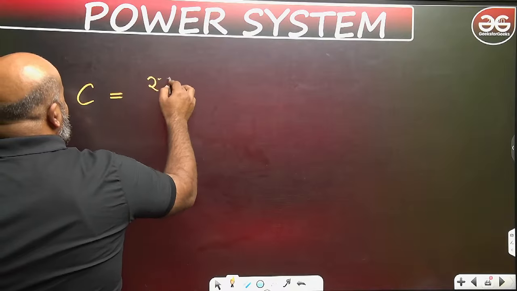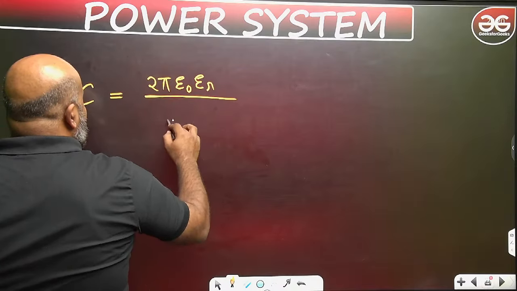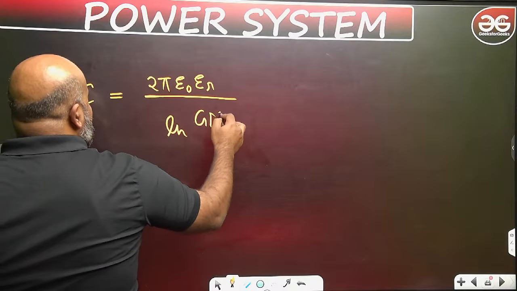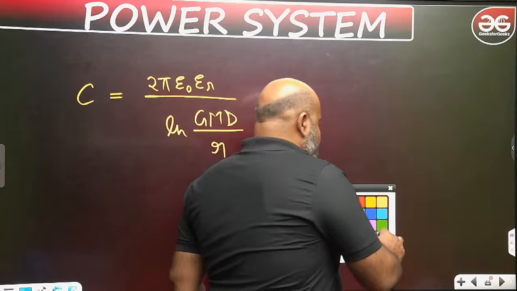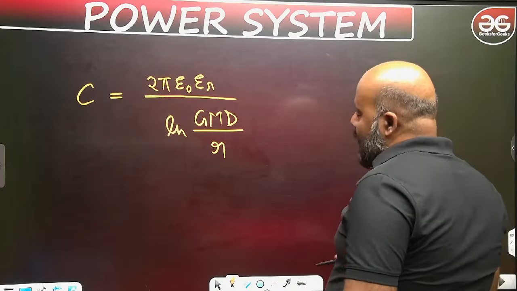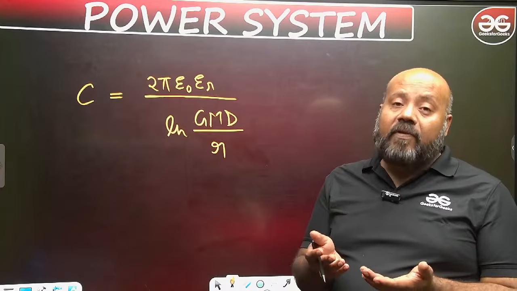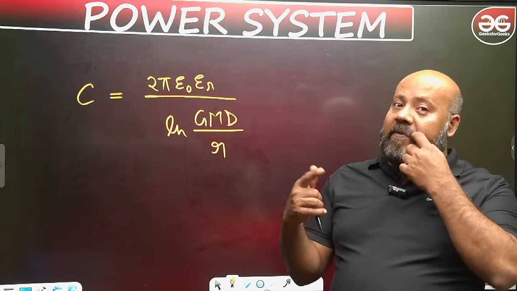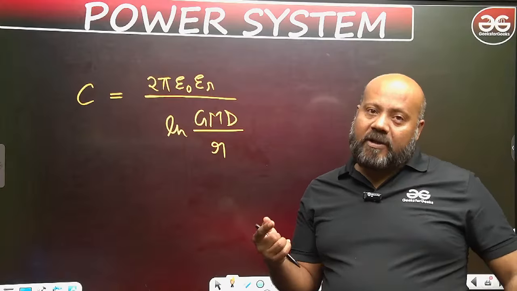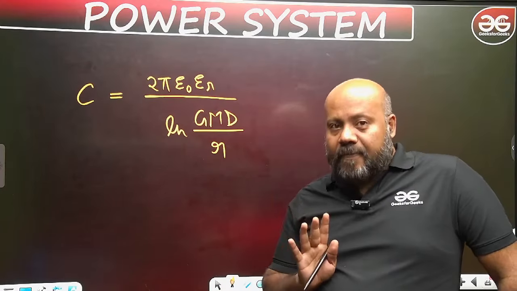So this is going to be 2 pi epsilon naught epsilon r upon ln GMD upon r. But please remember, we are writing it r, we are not writing GMR because GMR is actually not defined for capacitance calculation. Because when you say effective radius, that effective radius concept is coming because of the factor 0.7788.